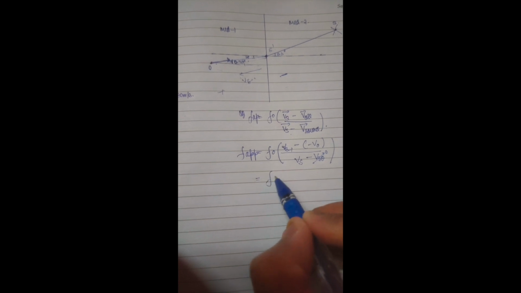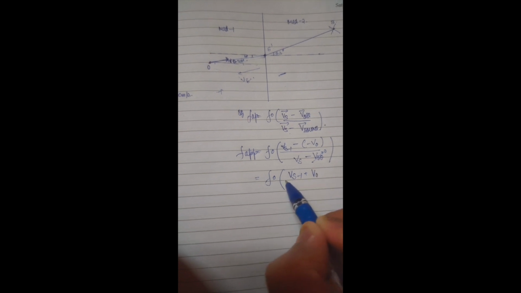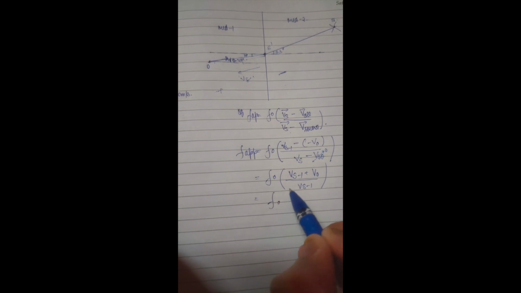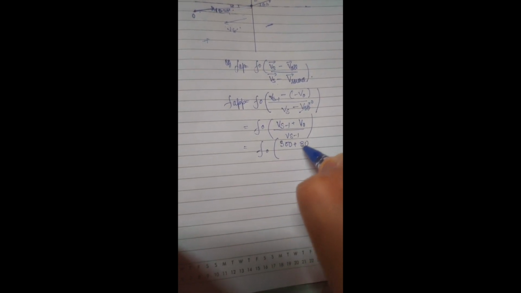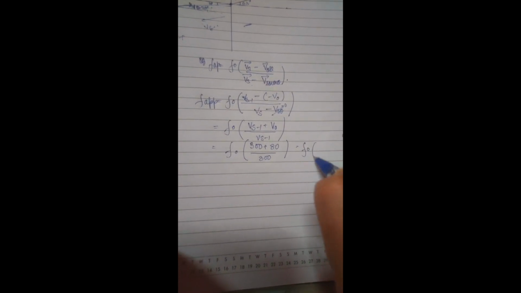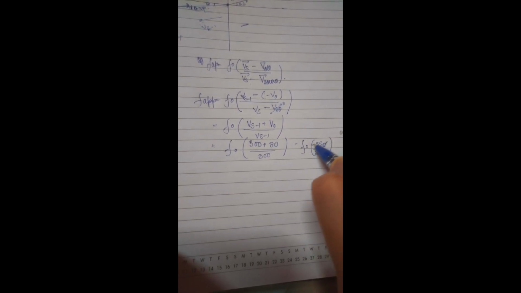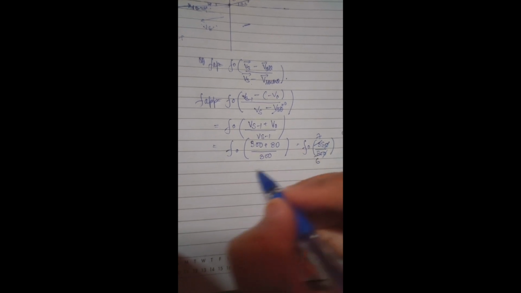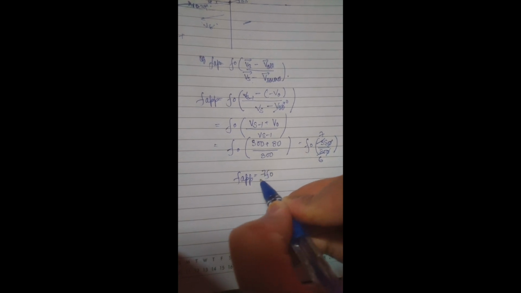So f apparent is equal to f naught times velocity of sound in medium 1 plus velocity v naught upon velocity of sound in medium 1. So f naught into velocity of sound in medium 1 was 300 plus v naught was 50 divided by 300, which is f naught 350 over 300, 7 over 6. So f apparent is 7 f naught over 6.